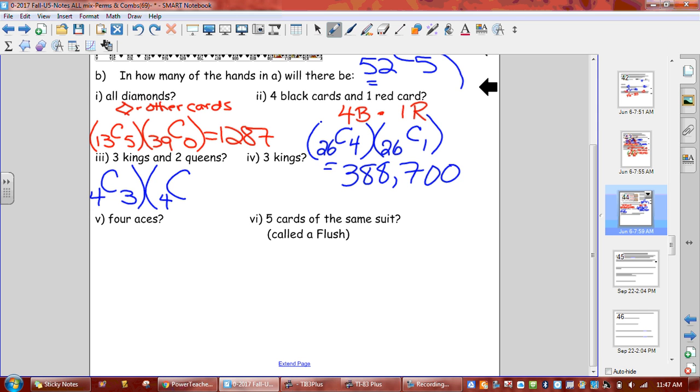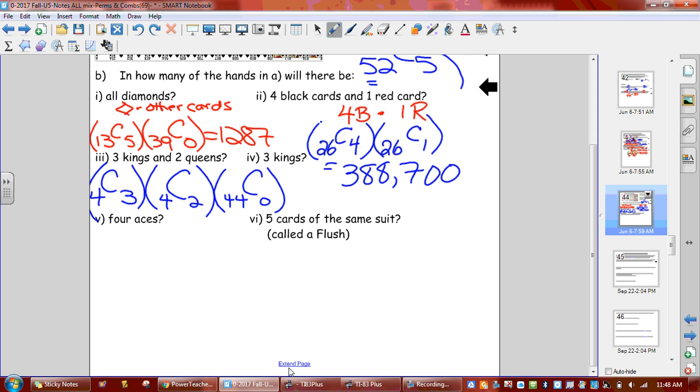How many are left? 44. Now, I don't need to choose any of them, but you still have to include it. 44, choose none. Because remember, anything C0 gives us a 1. So it's this guy, basically times 1. So that answer is going to give us 24 when we multiply it all out.